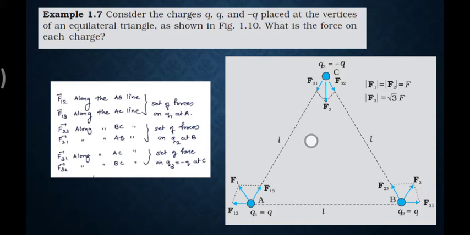So this is F31, the force on 3 due to 1. This is F13, the force on 1 due to 3. Both are inward, towards each other.